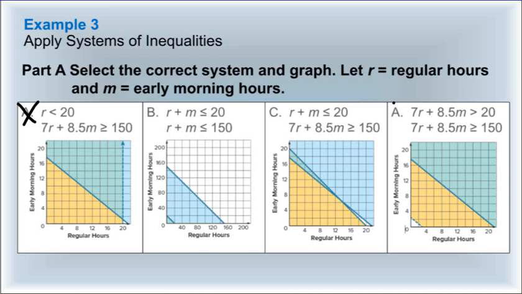That eliminates this one here because that one has 7R plus 8.5R and greater than 20. So it's between B and C. You get $7 an hour for regular and $8.50 for the morning. So you got to get at least 150. So the correct one would be actually C here.